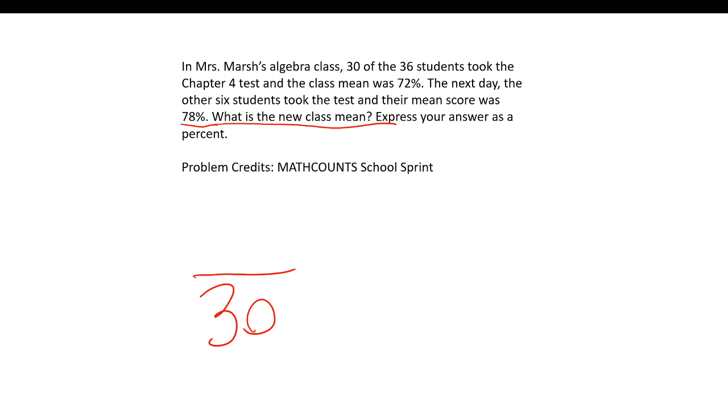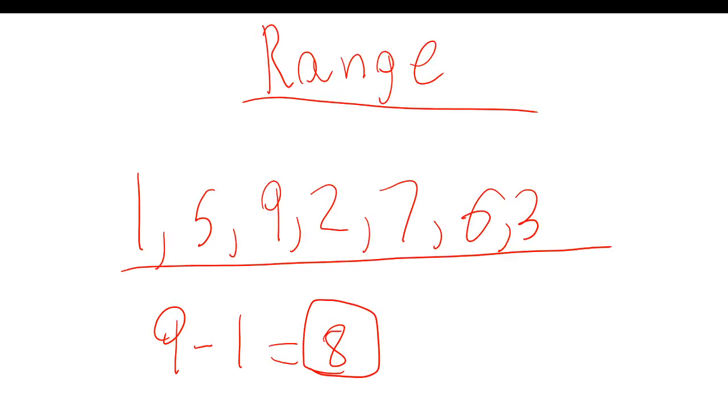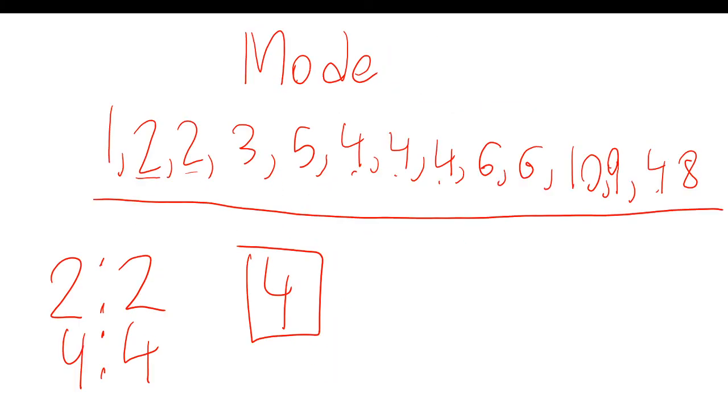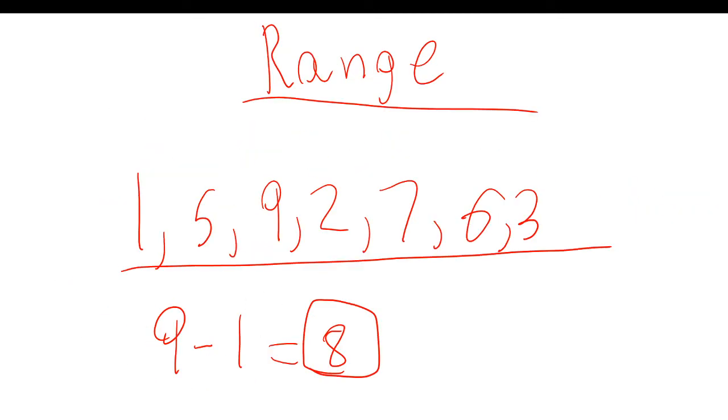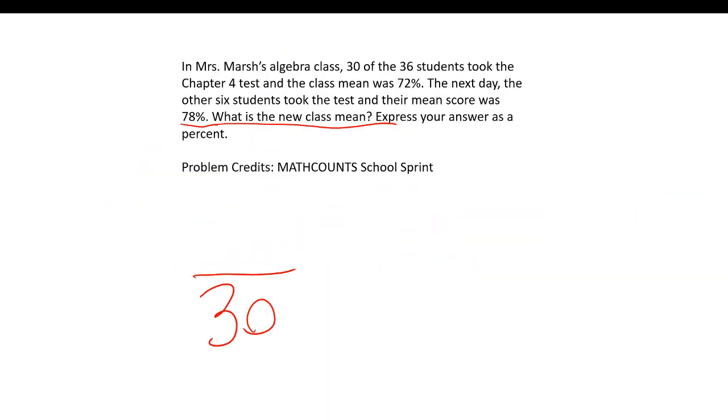Think of what we do in mean. When we find the mean, we're finding the average, right? And we sum the values. We're finding the arithmetic mean, so we sum the values. So essentially, all we care about is the sum, and we only need one variable.